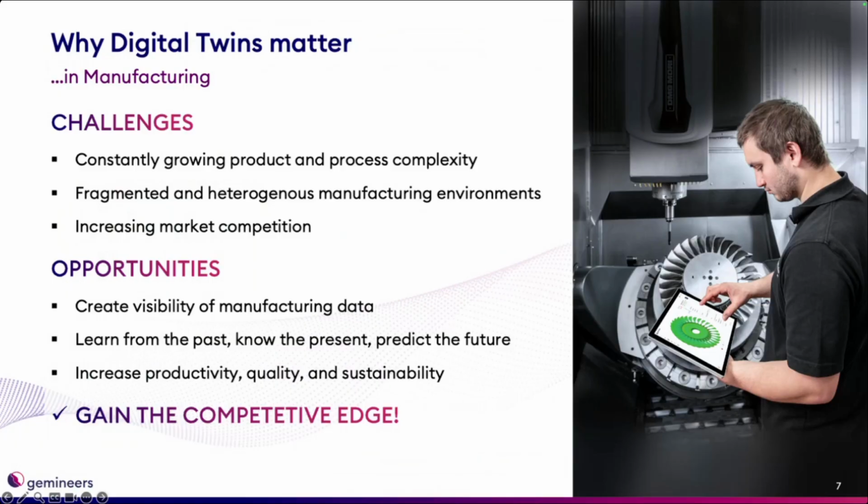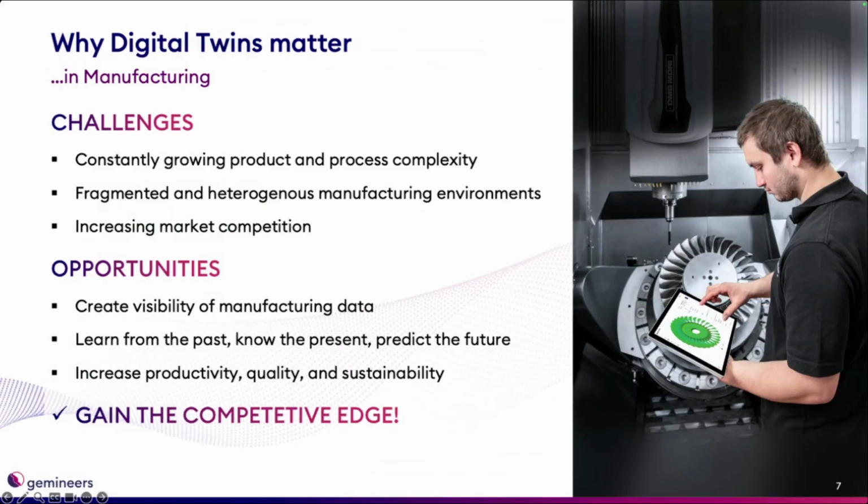After all this industrialization and automation, we now see digitalization, and the digital twin as one big part of it, as an opportunity to use the manufacturing data, create visibility, learn from the past about your current processes, know what is happening in the present, and at the end, predict the future, to gain a new level of competitive edge.